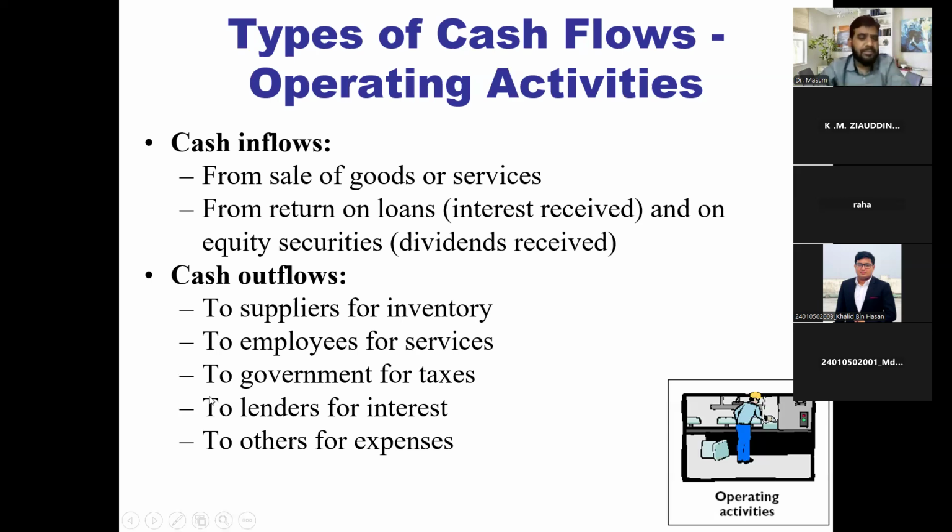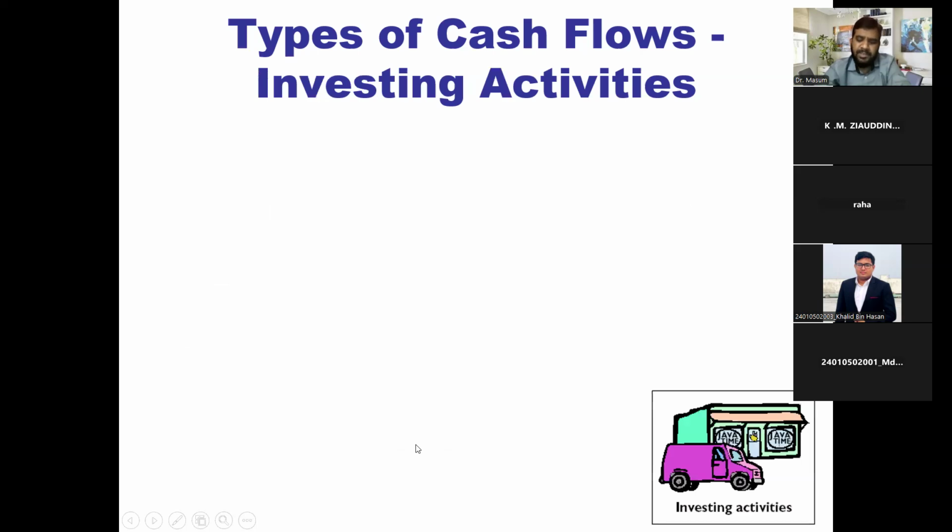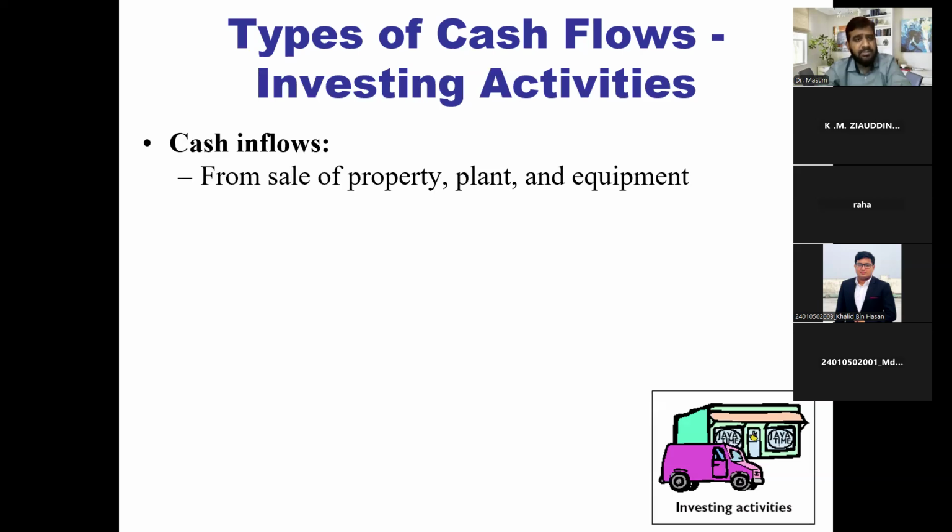Sorry. So to others for expenses, any expenses of the company, electricity bill, and investing activities, another kind of activities of a business organization. What are the cash inflows from the investing activities?